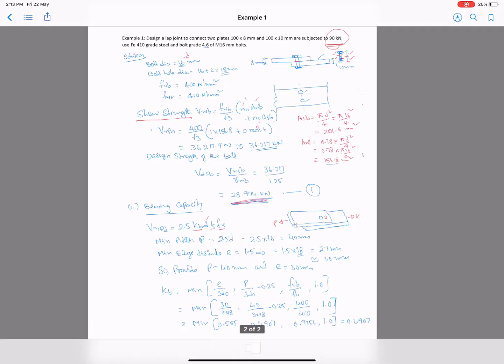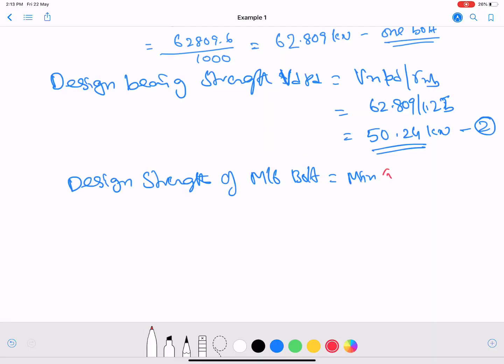Now let's go to the 1 and 2. So that means minimum of 28.97 or 50.24, which is actually 28.97 kilonewtons.